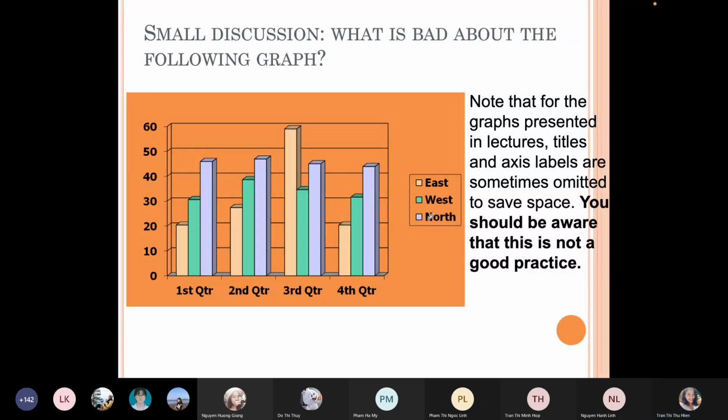And what is bad about the following graph? It is easy for you to compare the total spending for only one area.